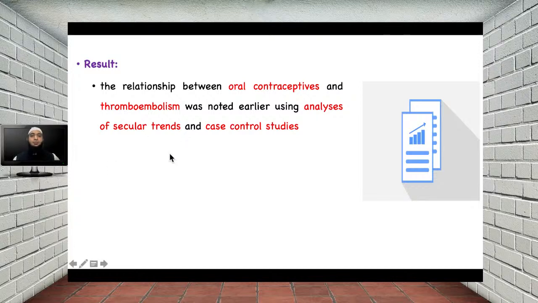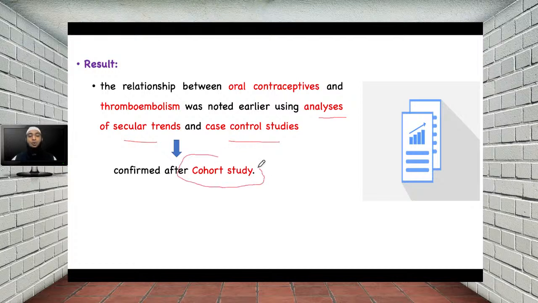The relationship between oral contraceptive and thromboembolism was noted earlier using analysis of secular trend and case control study. The relationship was noted in those studies, but it was not confirmed. Now that relationship is confirmed after the cohort study. After the cohort study, you can conclude that the thromboembolism is related to the oral contraceptive.